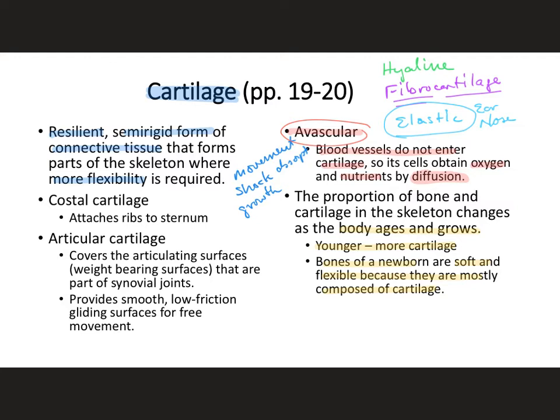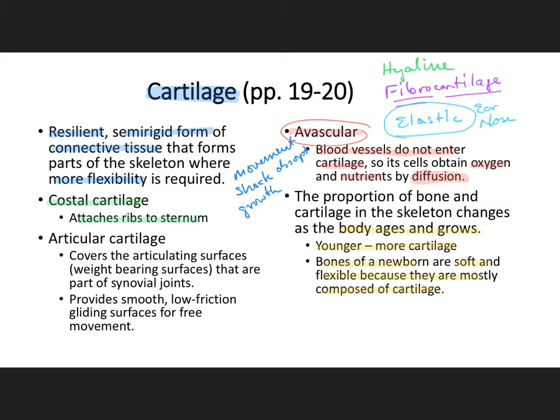So getting back to the examples I have over here on the left side, costal cartilage is hyaline cartilage. It attaches the ribs to the sternum, and it's going to allow flexibility so you can inhale and exhale. It also allows the ribs to move along with the vertebral column when you either flex the trunk or extend the trunk. So you bend forward or bend backward.